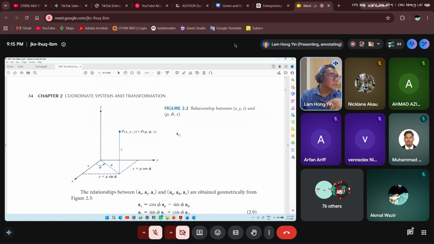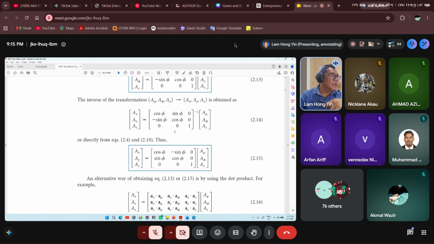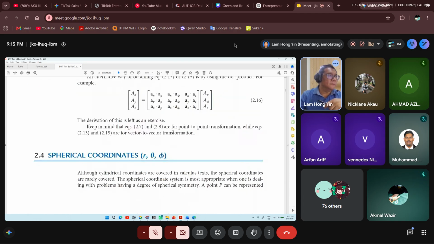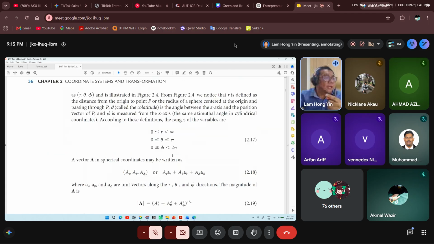And the last one is what we call spherical, right? We also use three parameters to describe the spherical shape, because sometimes your object is spherical and you represent the object in the spherical coordinate system. So we also use three parameters: radius, theta, and phi.